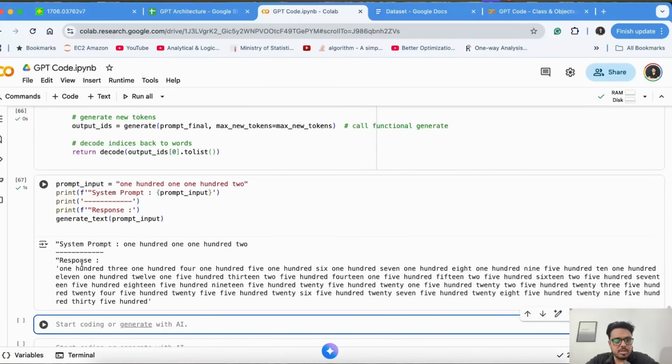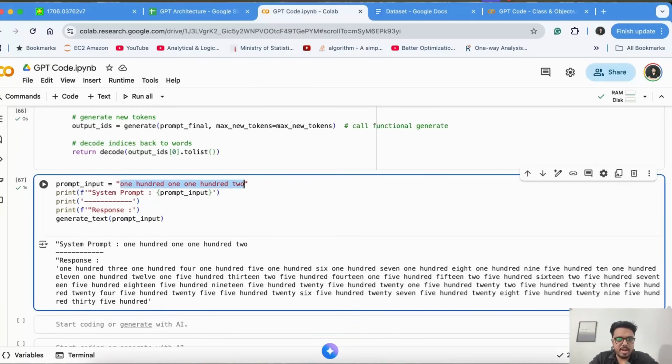Okay, so the response that I have got is 103, 104, 105. As you can see, the model has been able to learn the relationship between different tokens very effectively, and it is doing a pretty effective job in terms of predicting the next token in a given sequence.